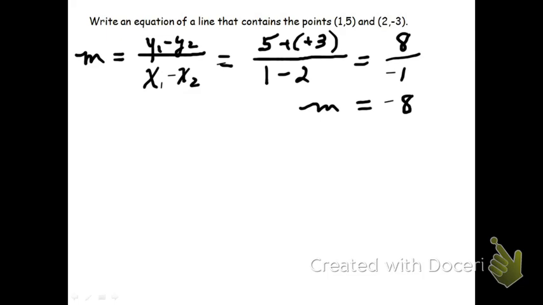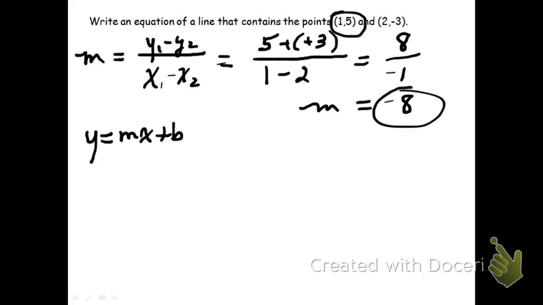Next I need to figure out what the y-intercept is. I'm going to use the general slope-intercept form of a linear equation, and I'm going to pick one of these points. It doesn't matter which one you pick. I'll take the first one, with coordinates (1, 5). I know my slope is negative 8, so I plug those in. y is 5, the slope is negative 8, x is 1, plus b.